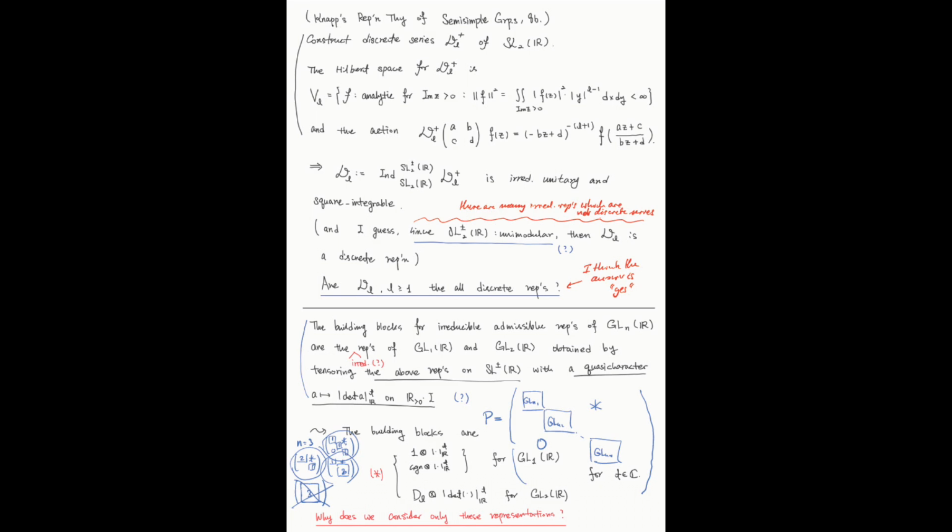You do the same thing here, and you do the same thing here. It could be that you're still not getting all irreducible representations, because there may be some representations you cannot just produce by induction from these kinds of groups. And this is exactly what happens in the p-adic world.